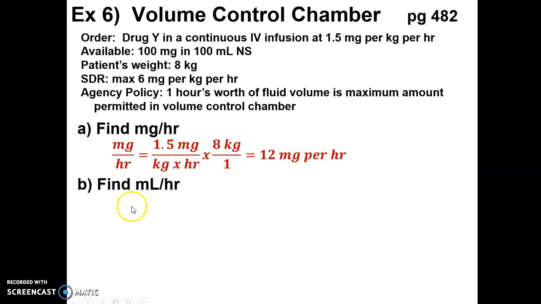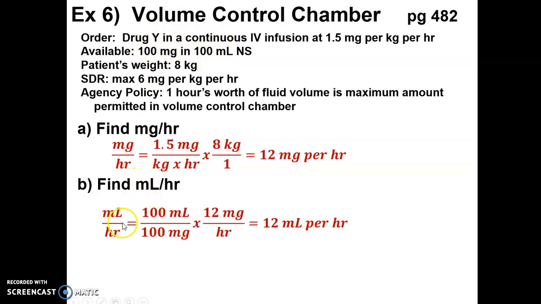Now, part B wants us to calculate milliliter per hour, okay, because that's what we're going to set on the IV pump. Well, if milliliter per hour is our desired answer, we need milliliters on the top. The available did tell us that 100 milliliters is going to contain 100 milligrams of medication. So let's start there. Milliliter per hour. Available is 100 milliliters is 100 milligrams.